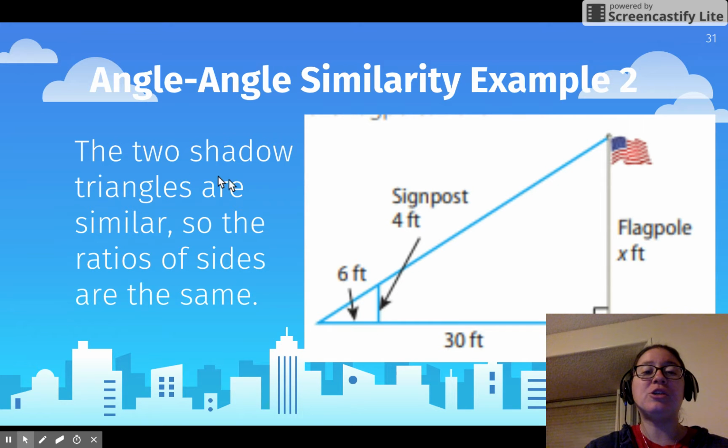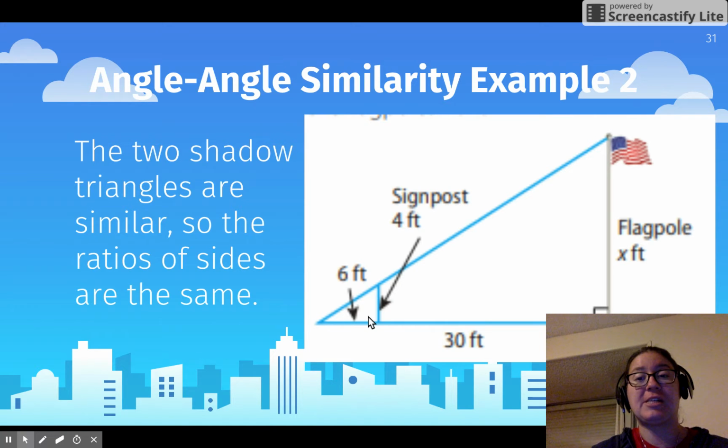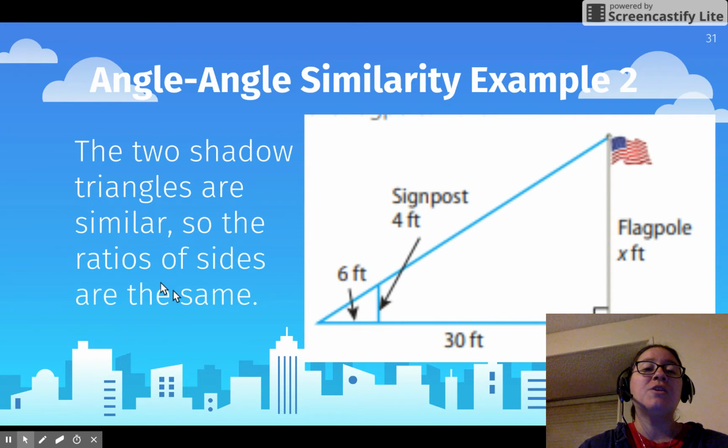So the two shadow triangles are similar because they both have the same angle of the sun and they're both perpendicular. The flagpole is perpendicular to the ground and the signpost is perpendicular to the ground. So that means the ratios of the sides are the same. The sides are proportional to each other.